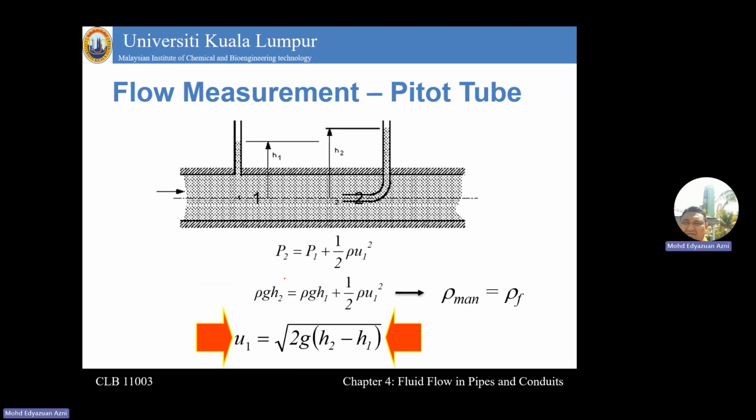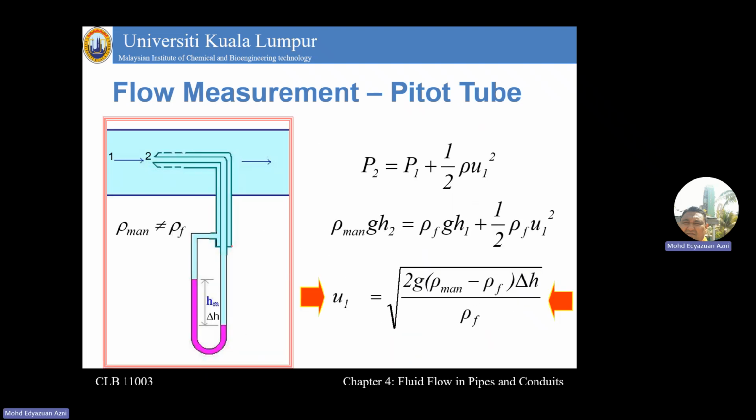There are two types. This is the normal one that we know, the pitot tube, which has a U-tube manometer inside the pitot tube. After some modification, what is P?